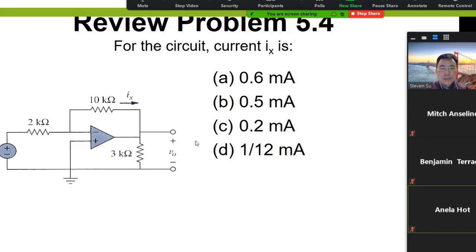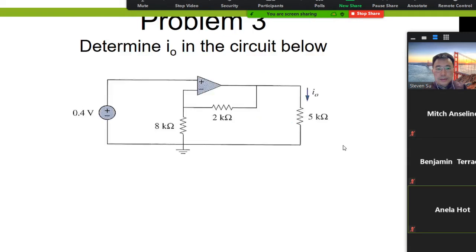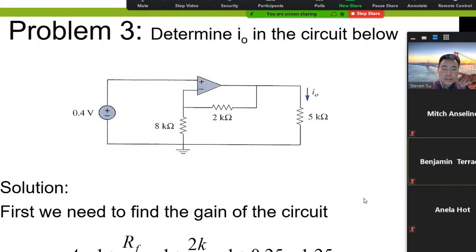We also have some other questions. Do you know the name of this circuit? Non-inverting amplifier, yes. So what's the gain of this non-inverting amplifier? It's 1 plus Rf over R1, right? So what's the gain? It's around 1.25, 2k over 8k, right?